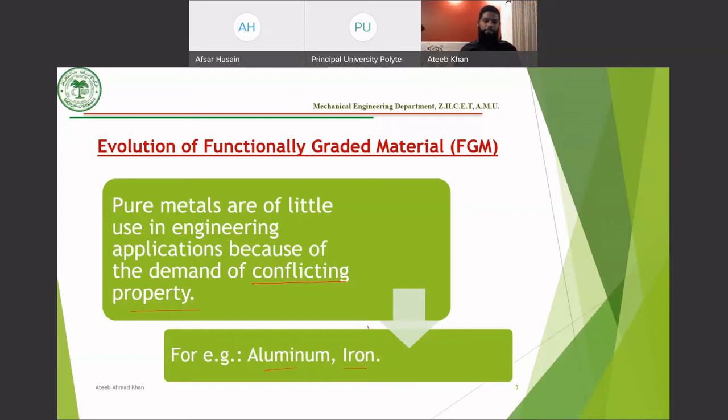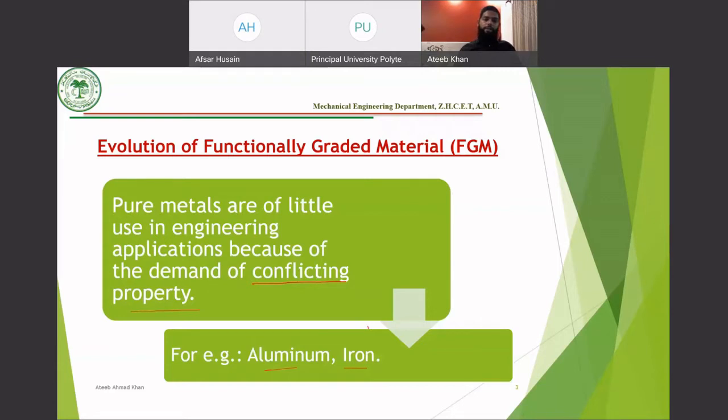I'll tell you the density of aluminium is around 2.7 gram per centimeter cube, or 2700 kg per meter cube, and that of iron is around 8000 kg per meter cube. So you can see the difference in density is very high, 2700 for aluminium and 8000 for iron.